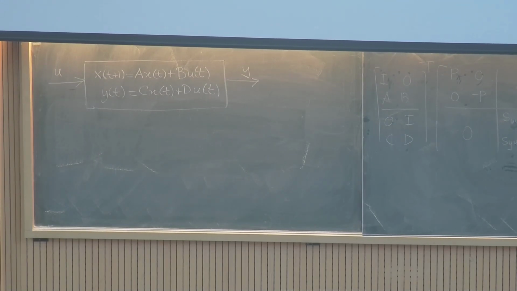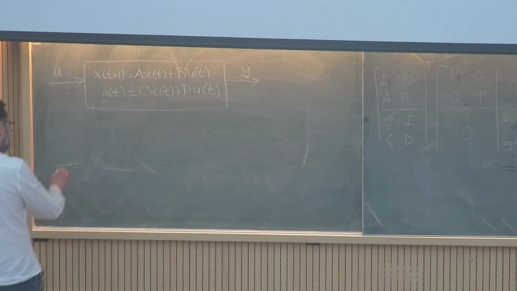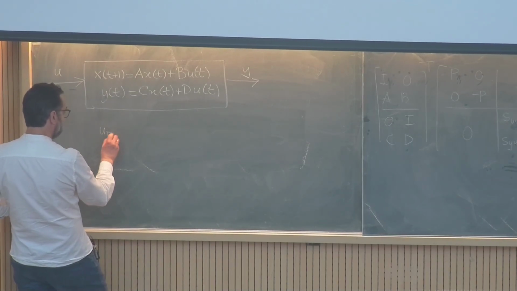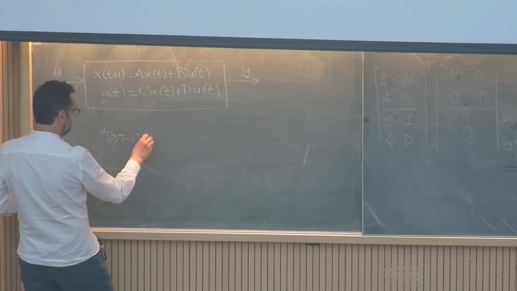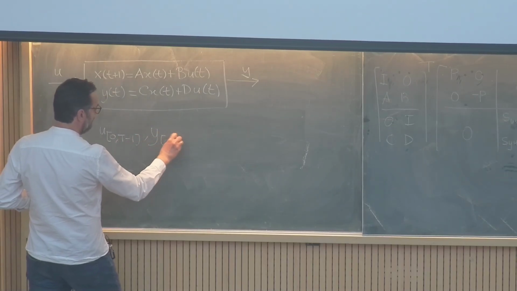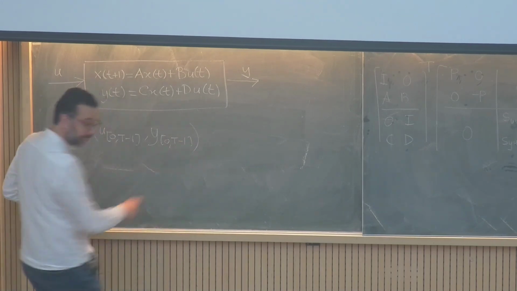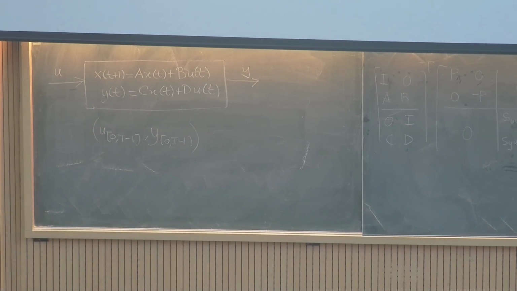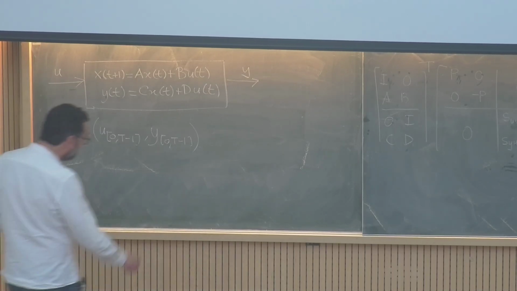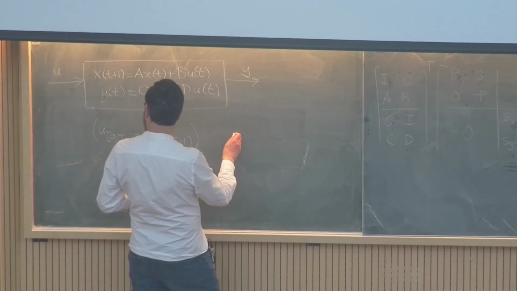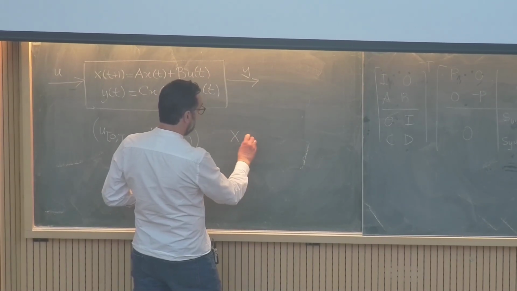And I want to find out all systems that can generate a given set of data. So somebody gives me some input-output data. I know n, and I want to figure out all A, B, C, D, such that this is satisfied.